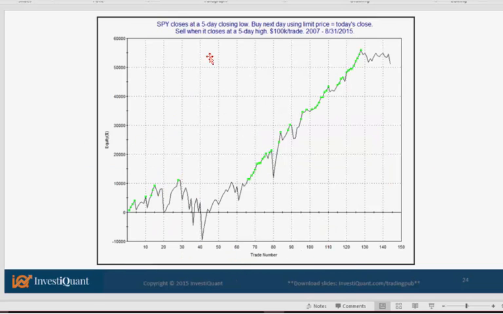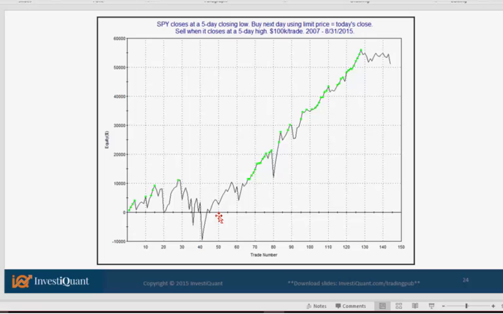Here's a chart of how that strategy would have looked over time. It went through some moderately rough drawdowns a few times. But generally, it's been pretty good, and it's worked its way higher over the last 8 years or so. And even going back further, it would still look good.